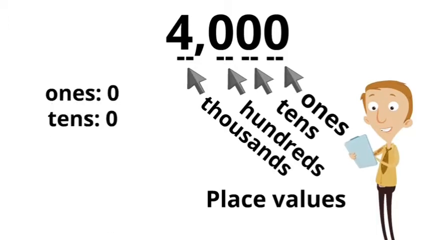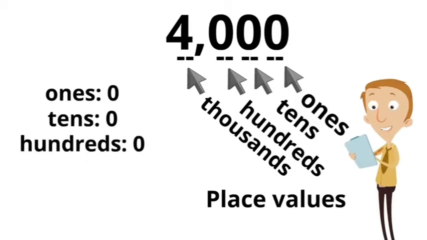I take it again, we are picking all of them from the right: 0 ones, then 0 tens, then 0 hundreds.